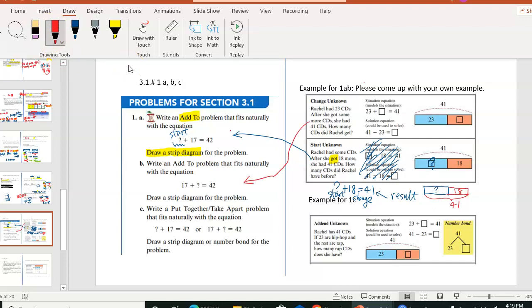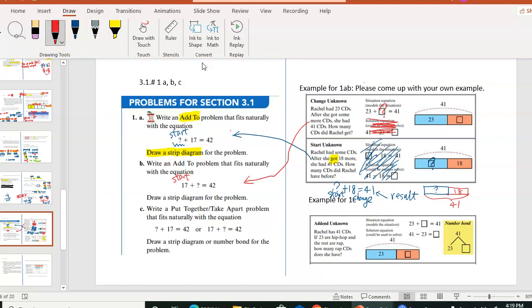We are going to write also an add to problem, but it fits naturally with 17 plus what equals. So the start is given. In my case, I'm writing a question for 23 plus what number is 41. Rachel had 23.